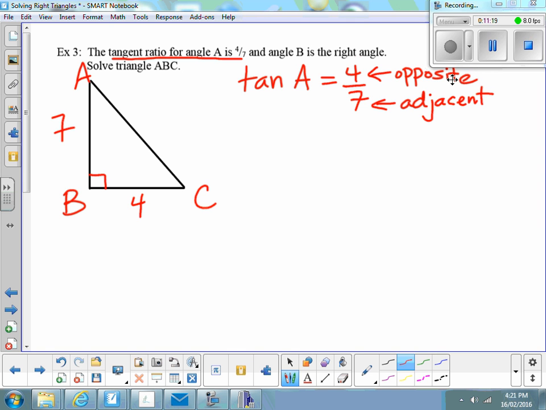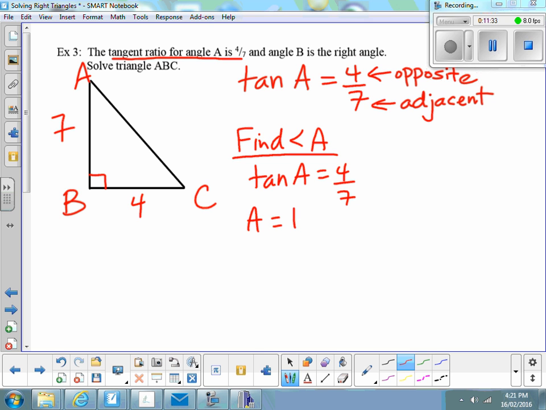So we've got that information in there. Let's find angle A to start with. We already know that tan A equals 4/7. So A is going to be tan inverse of 4/7. So angle A ends up equaling 29.7 degrees.